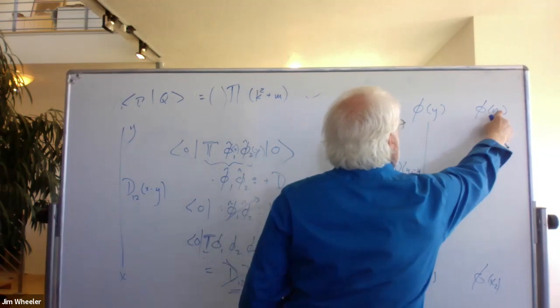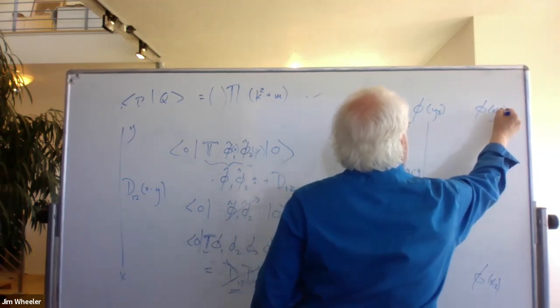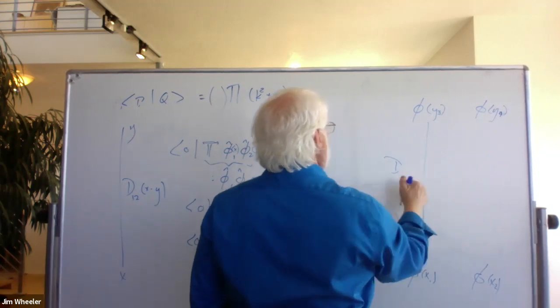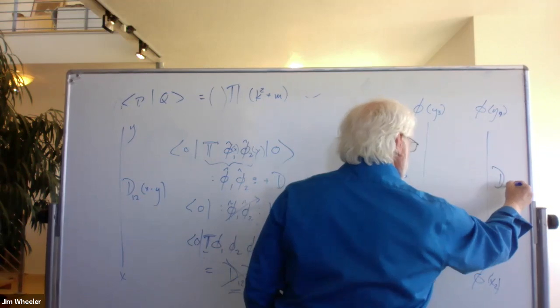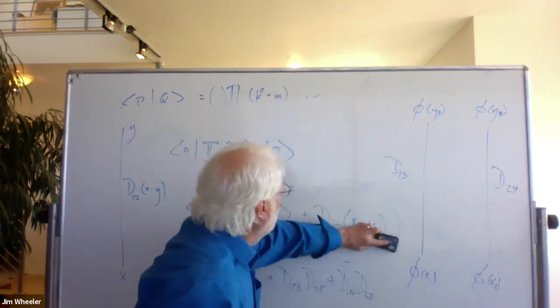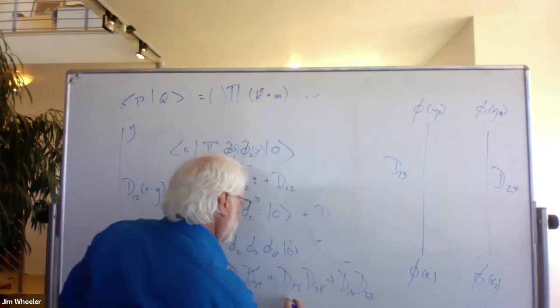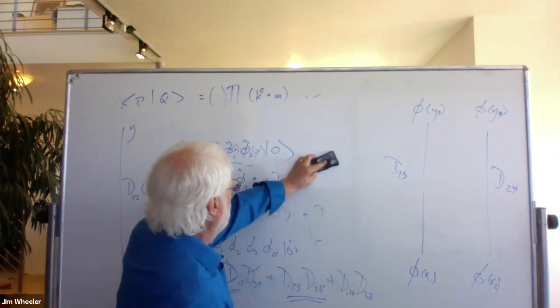Here, let me make these numbers match. So call this 3 and 4. So this would simply be D13, and this would be D24. Or we could have the other one. That's this term in the Wick product.